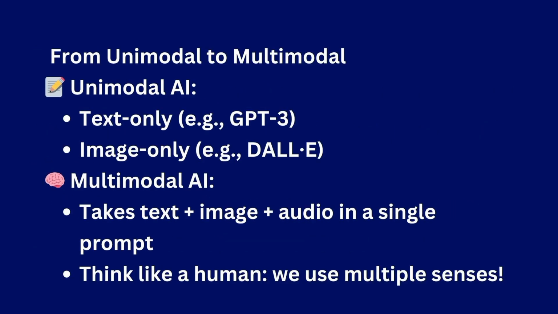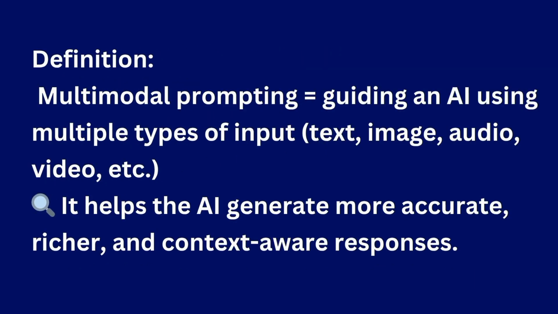Now, when we started with GPT AI, really, we started with unimodal AI. That's more like a text-only AI, and that was from GPT-3. Then we had an image-only AI. That's DALL-E. But now, multimodal AI takes text, images, and audios in one single prompt.